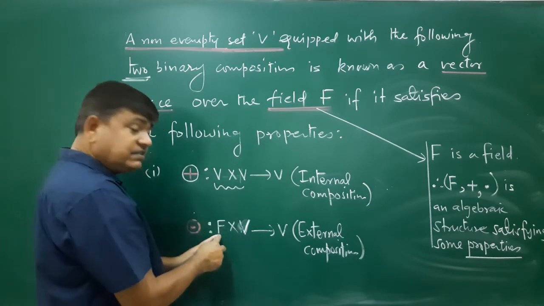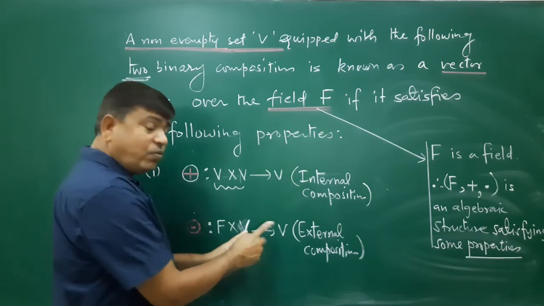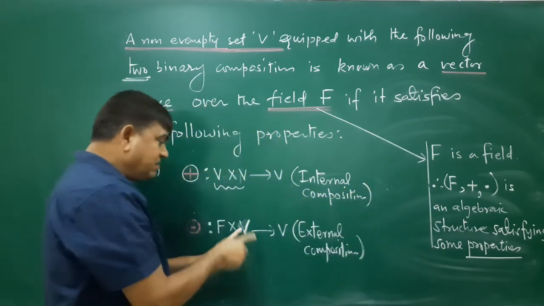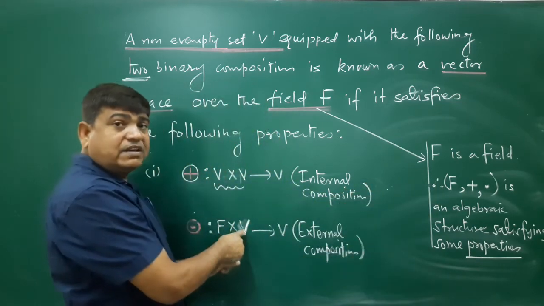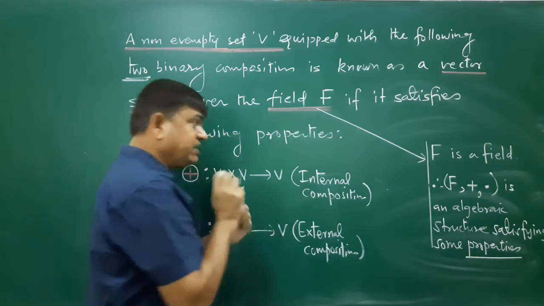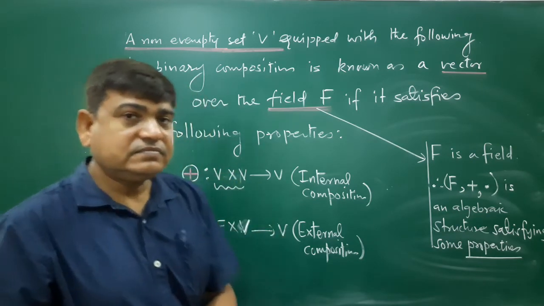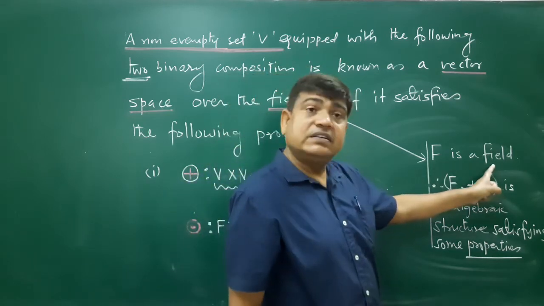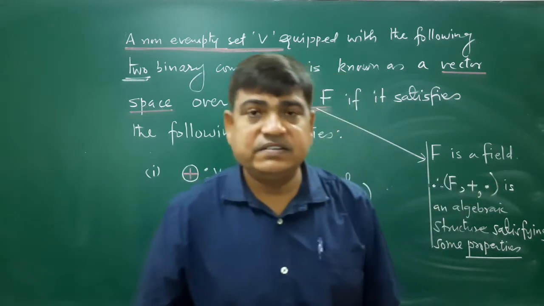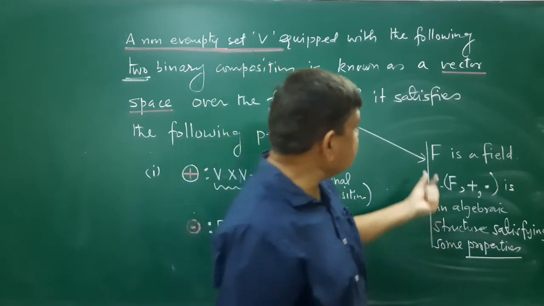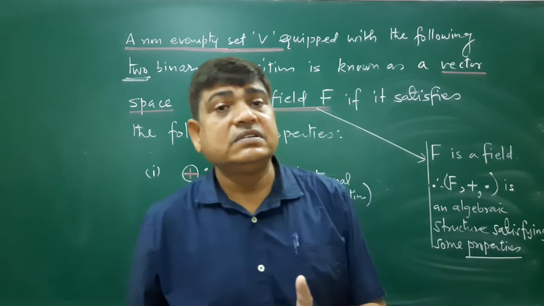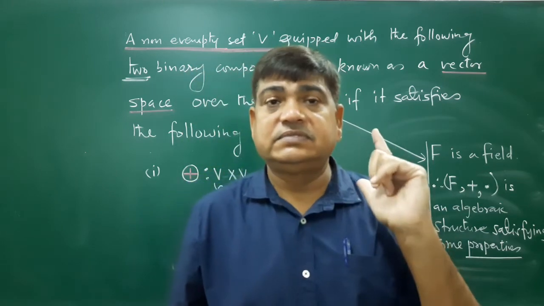Here it is F cross V. One element is from F, and the other element is from V, but the answer is in V. Listen, F is a field. I will say here the elements of F are called scalars.